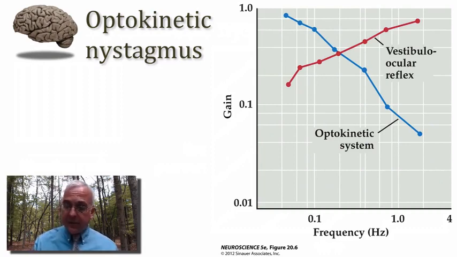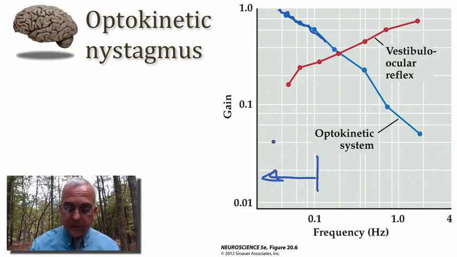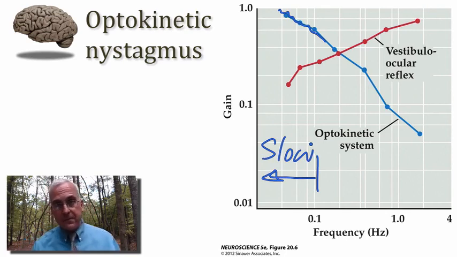This graph shows us the gain of the optokinetic system and the vestibulo-ocular system across motion frequencies. For the optokinetic system, the gain is quite high when the motion is quite slow, and it helps to stabilize our gaze when there's very slow drift in the visual field.